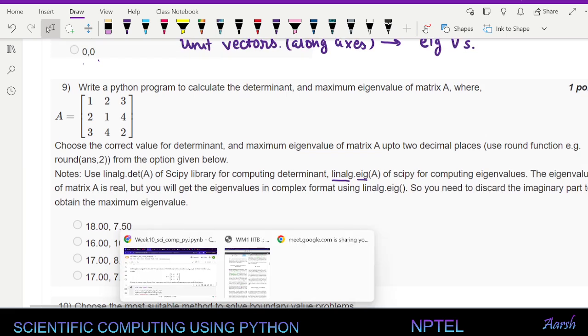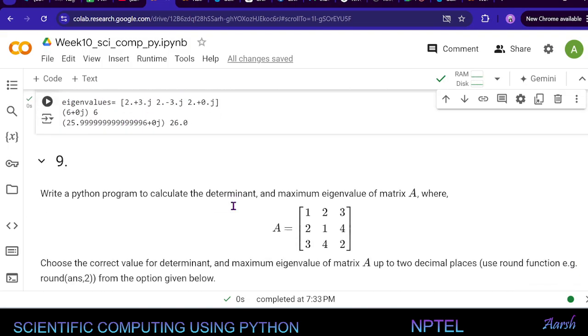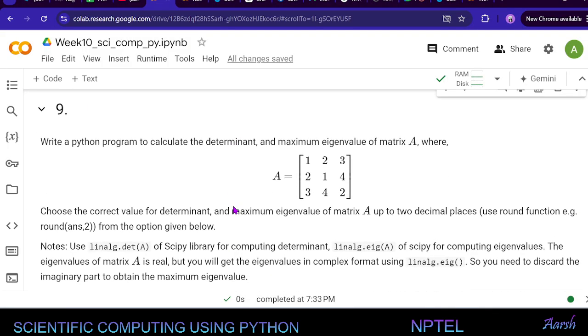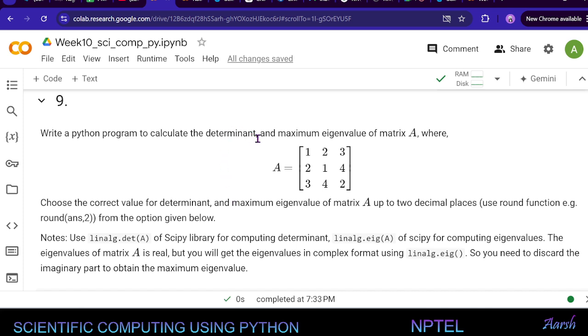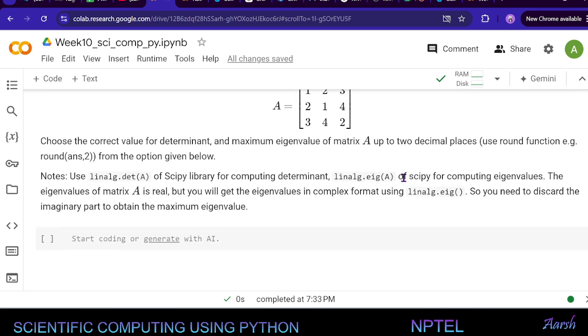And then the last question, which is to calculate the determinant and maximum eigenvalue of this matrix. Okay, and again it's given linalg.det for the determinant and linalg.eig for the eigenvalue.